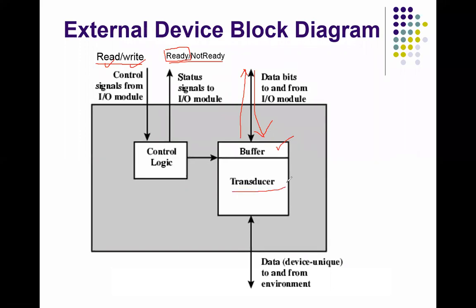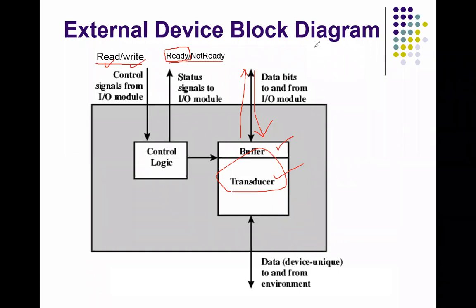Another one is a transducer. By the name you can understand, transducer means transfer. We have to change the data format. There are different peripheral devices, so many times we have to convert our electrical signal to another form and again another form to an electrical signal, right?